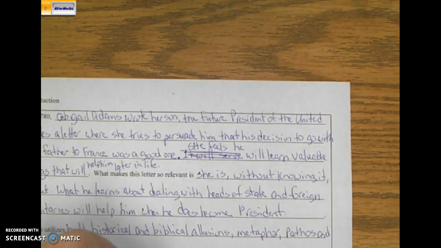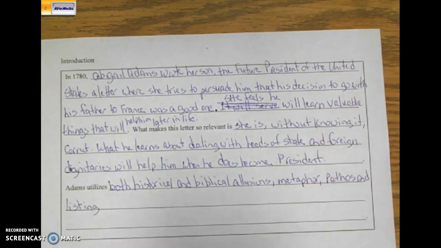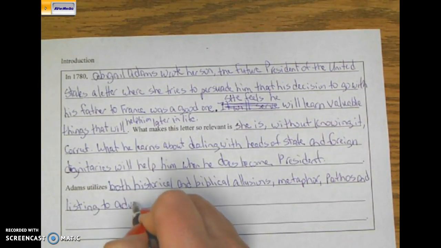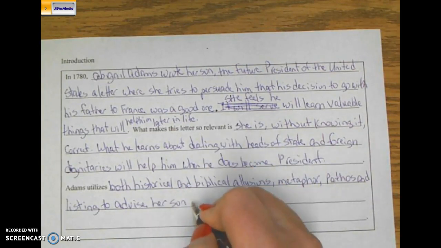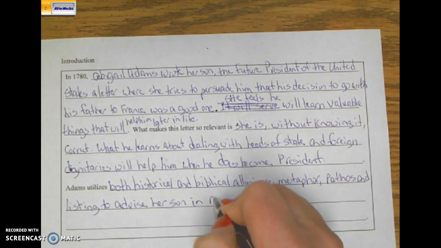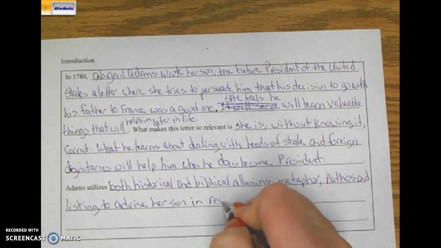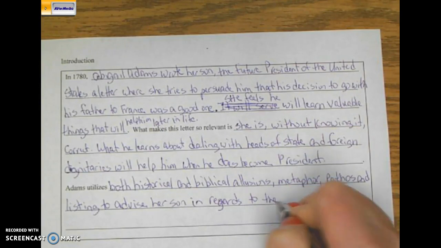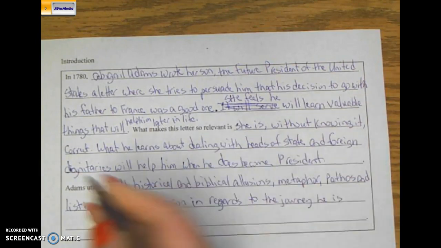And our strongest, listing. And that P should not be capitalized, I'm sorry. To advise her son in regards, let's change that S, to the journey he is undertaking.